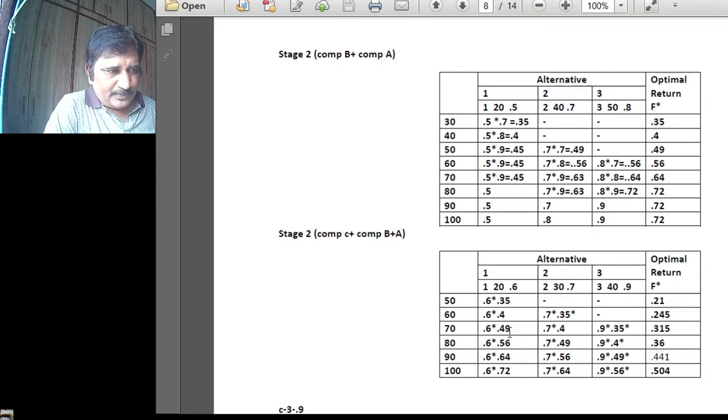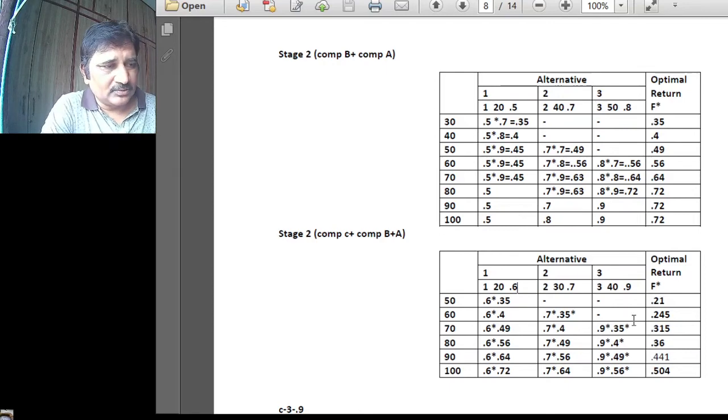Likewise, for 50 rupees remaining, the optimal return is 0.49, then 0.56, then 0.64, and 0.72 for the remaining value of state rupees 80, that is 0.72. Probably it was thought that these states won't be needed in my next analysis, so probably these values were not found out. But you don't take that liberty of avoiding certain calculations here.